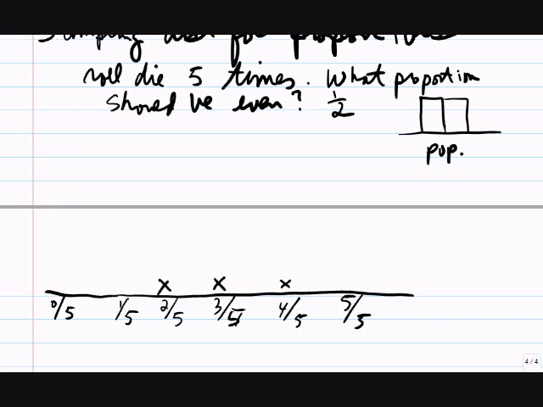You can't get 6 even numbers if you have rolled the die only 5 times. How many of those 5 times did you get an even number? Four? Okay.